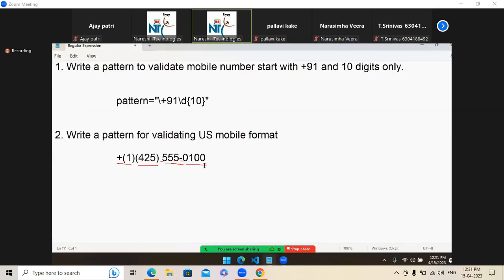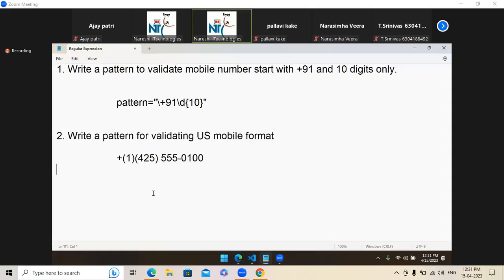Understood? Write the right pattern for this. Majority of people will go wrong, so check carefully. How do you write the pattern for this?